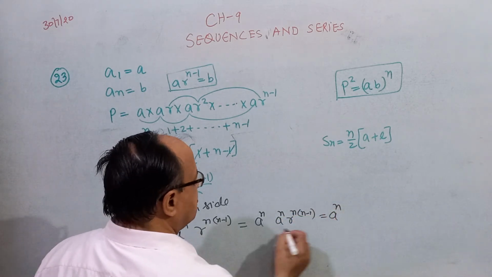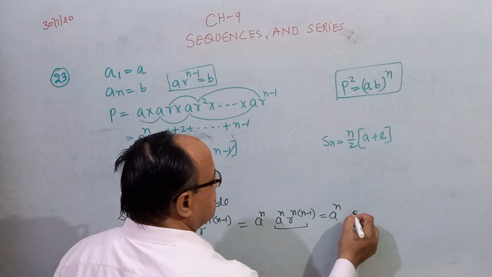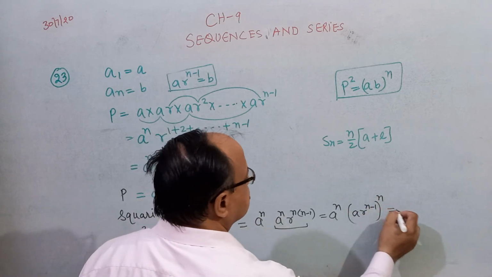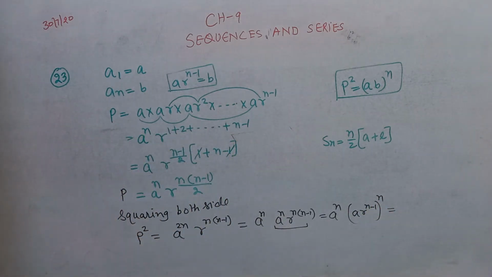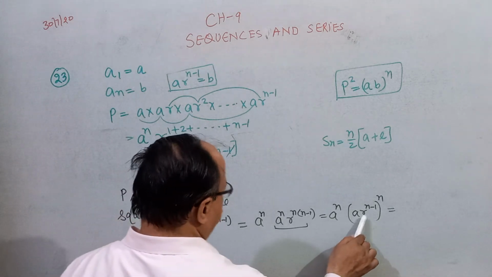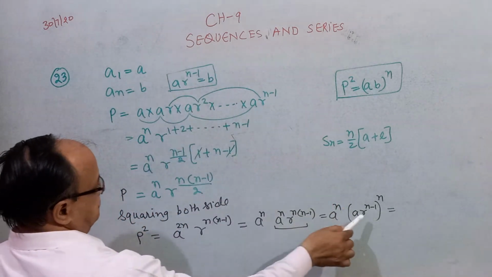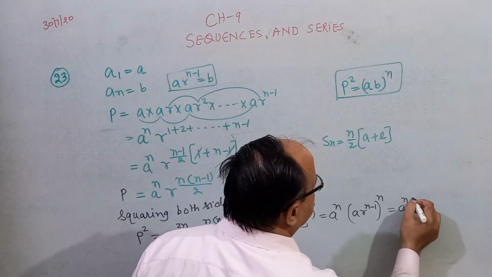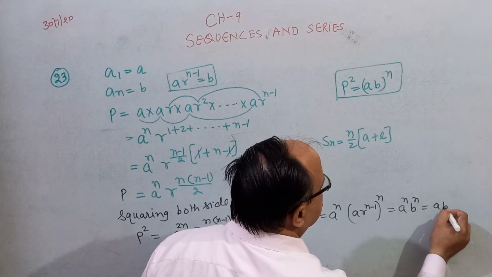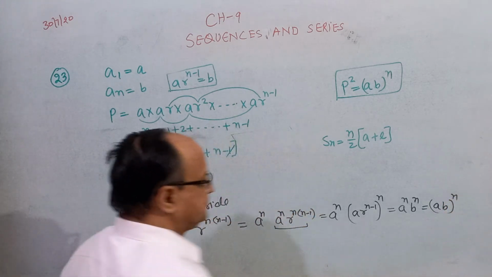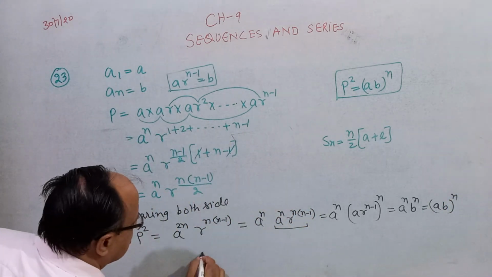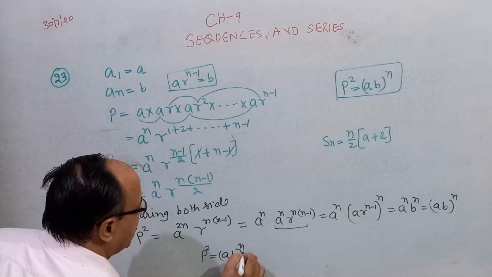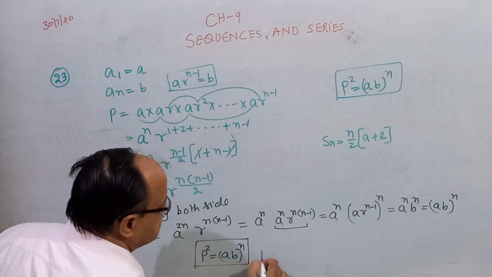Therefore A to the power n, and this step you can write as (A R to the power n minus 1) whole to the power n. Correct? You know that A R to the power n minus 1 is B. Therefore A to the power n, B to the power n, and you can say (AB) to the power n. Therefore P square is equal to (AB) to the power n. Hence proved.